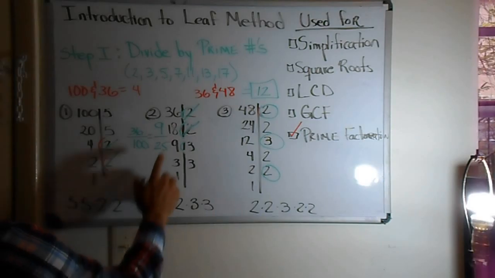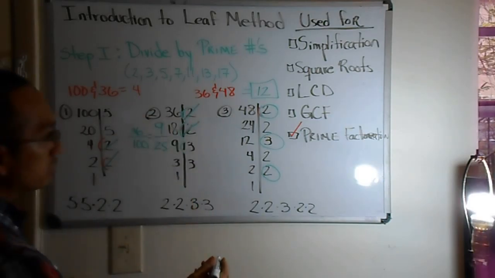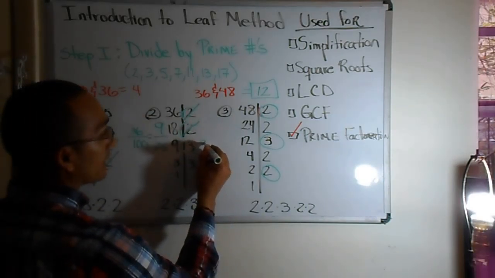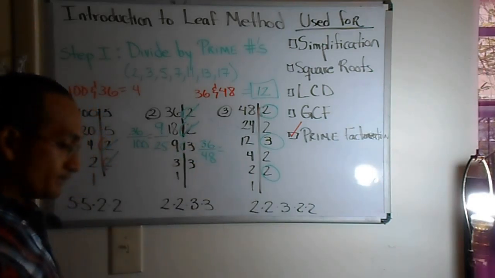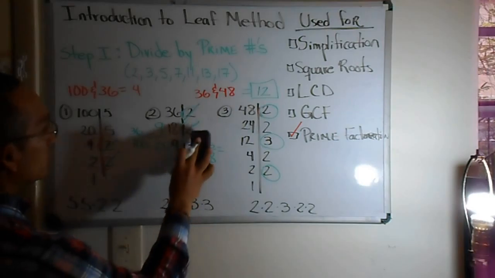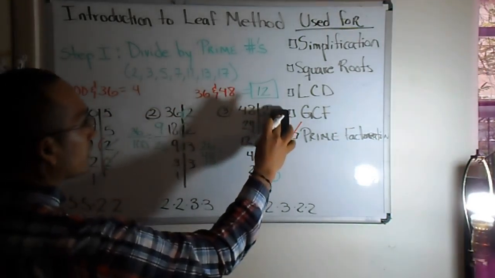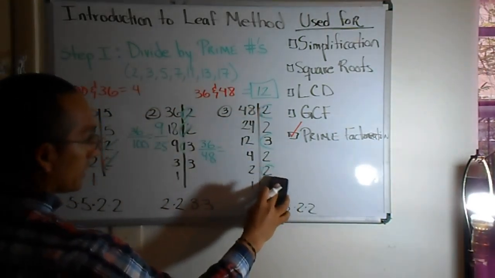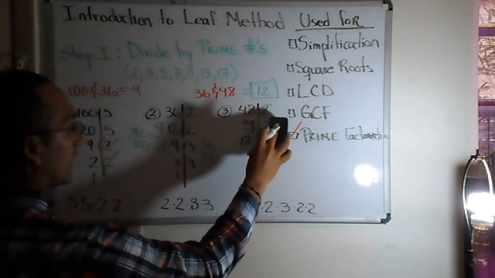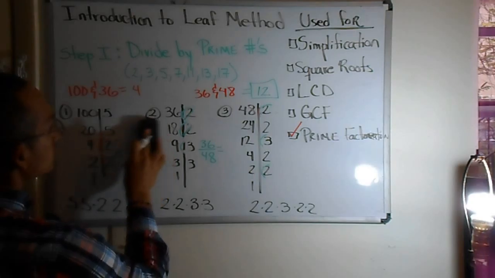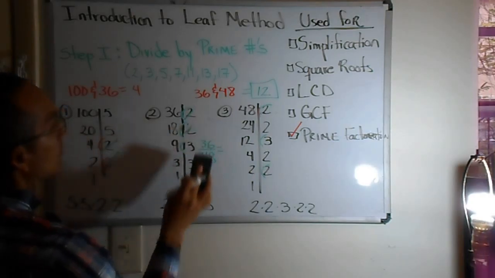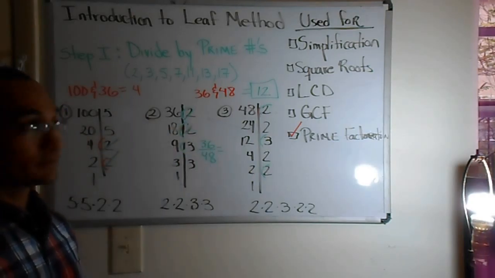Now, let's try 36 and 48. Let's say I were to ask, 36 divided by 48 is the same thing as what? Now, the same concept goes again. This time we're going to scratch the numbers that are the same, and you're going to multiply the factors that are left.